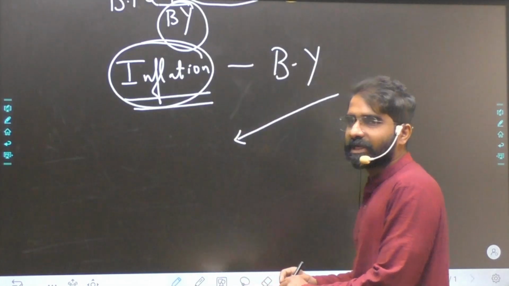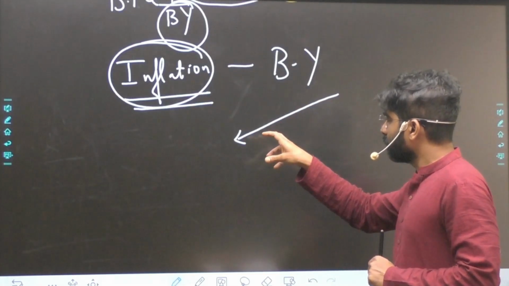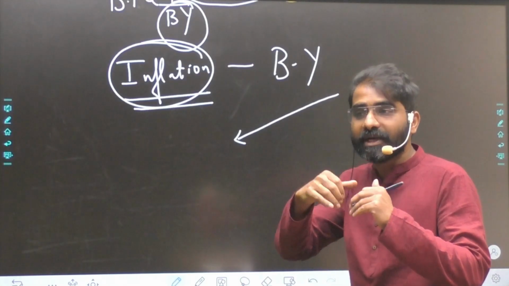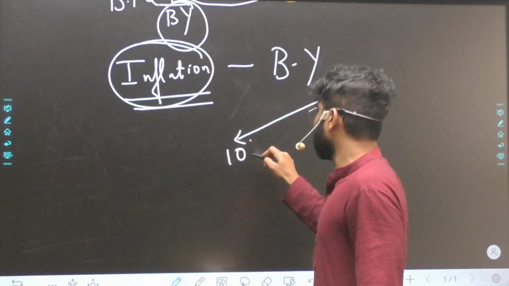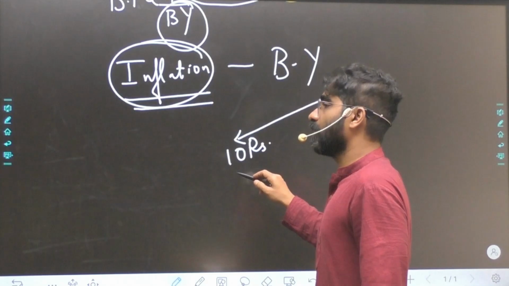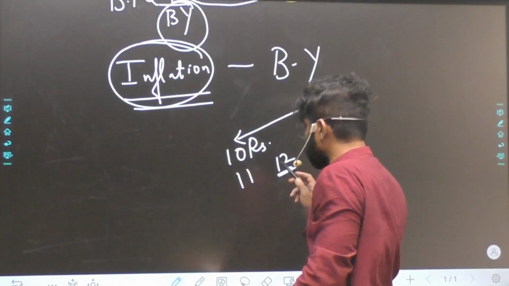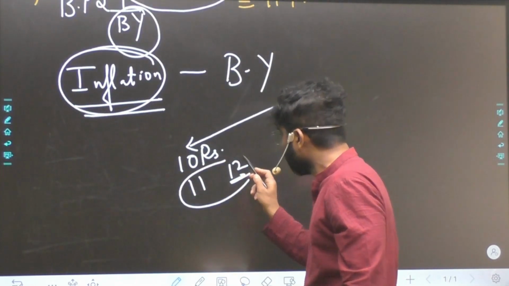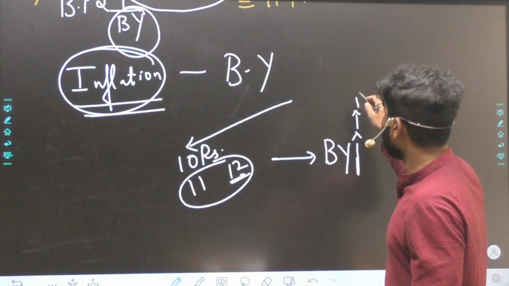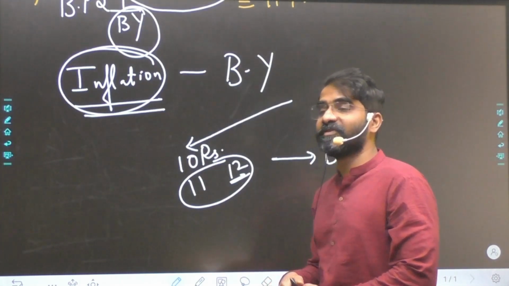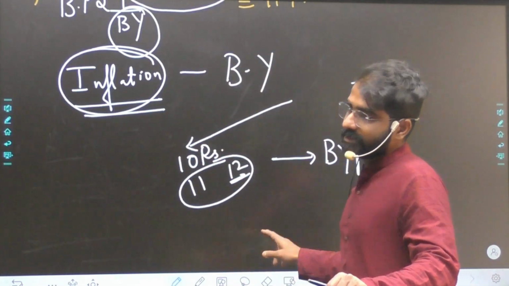A company which wants to issue bonds has to offer a higher coupon. Earlier, let's say the coupon was only 10. Now they have to offer a coupon of 11 or 12 because inflation has increased and the value of money is coming down. So when inflation is there, bond yields may increase, because you have to offer higher coupon, higher return. So inflation has an impact on bond yields.